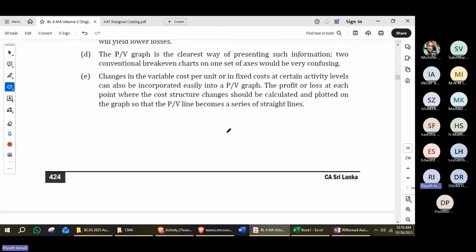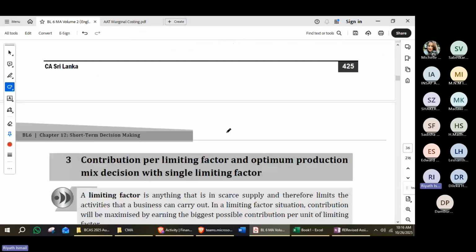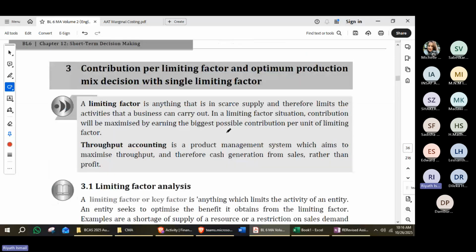And we can read this book and find out many things. So the next section could be contribution per limiting factor, limiting factor and optimum production.